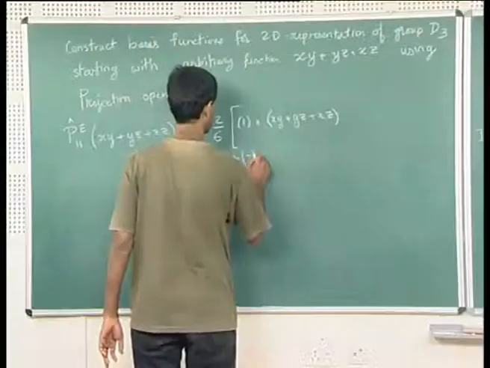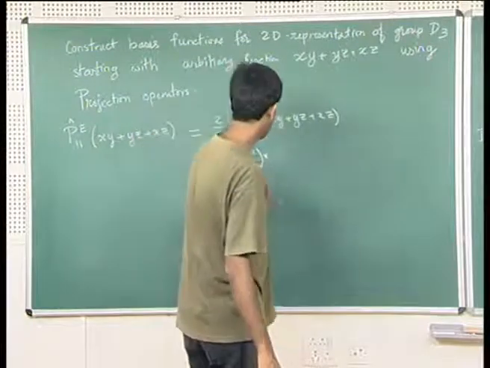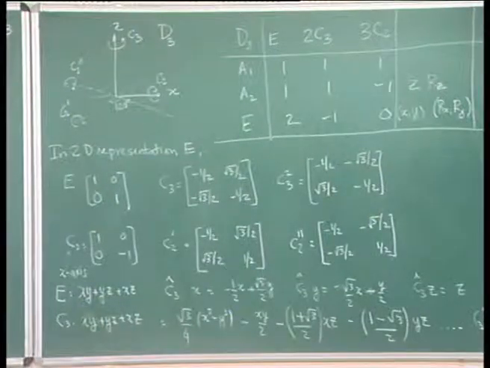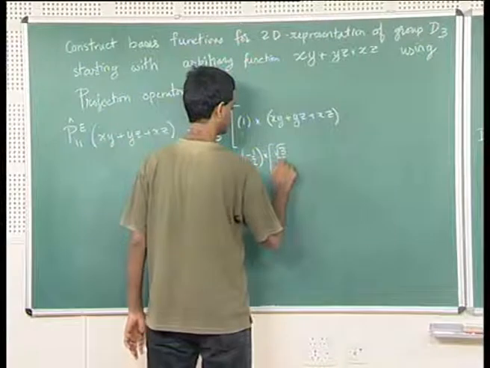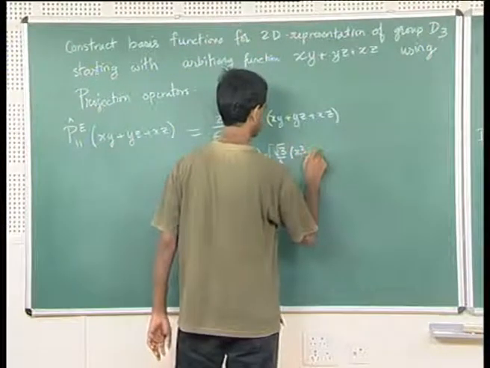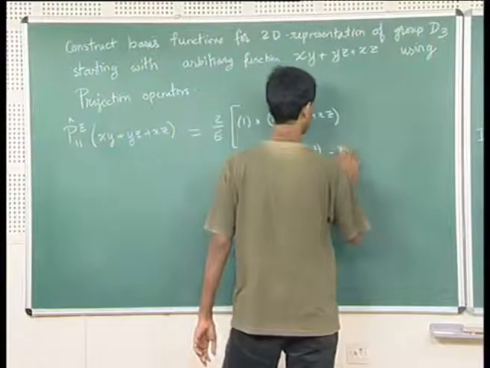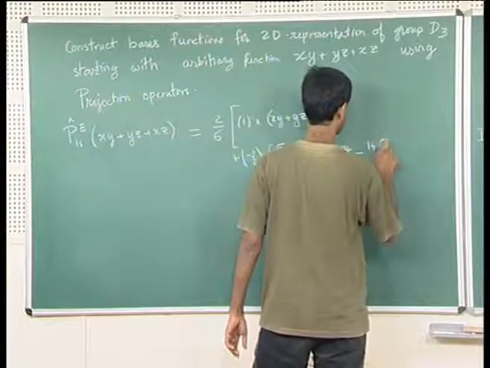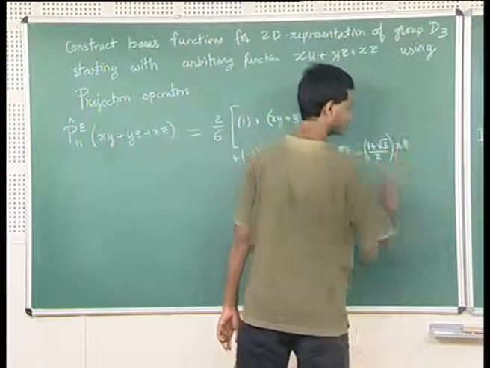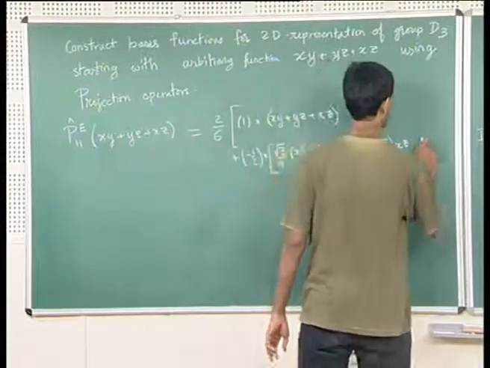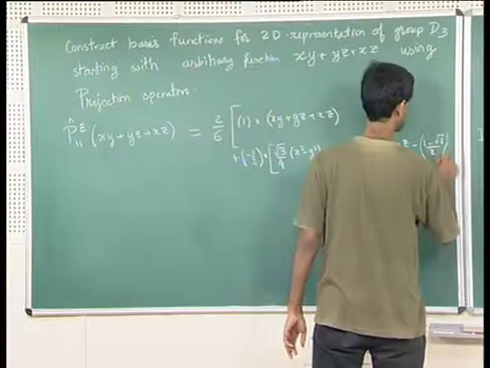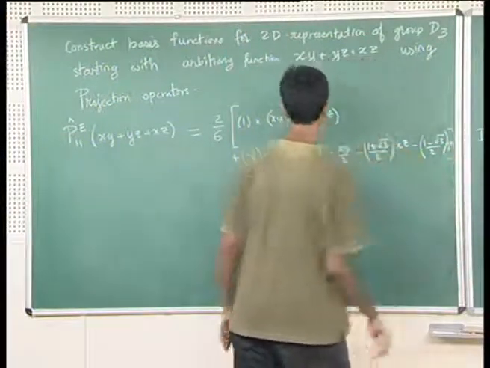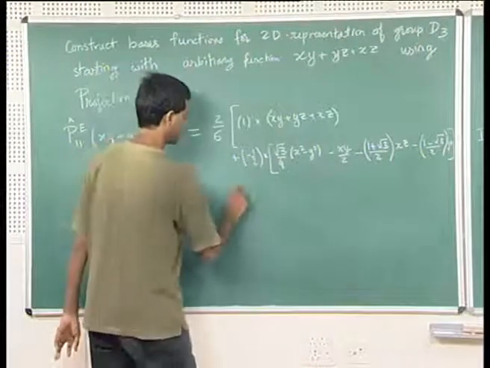So you have minus half, and now when C3 operates on this, you get this whole thing: into root 3 by 4 x square minus y square, minus xy by 2, minus 1 plus root 3 by 2 xz, minus 1 minus root 3 by 2 yz. All this is multiplying minus half, and then similarly you will have for C3 square.